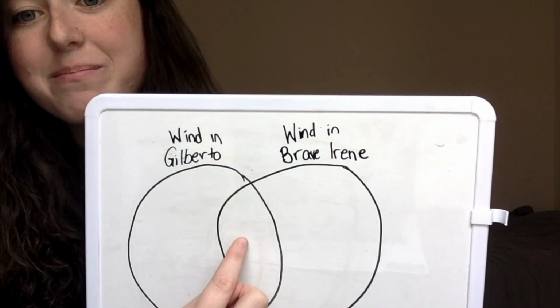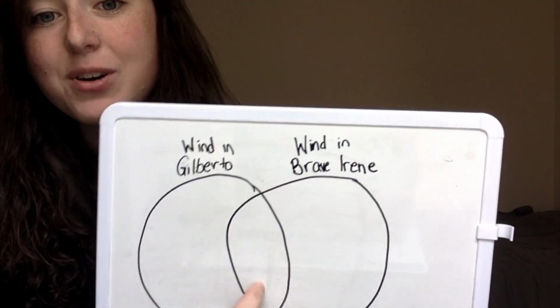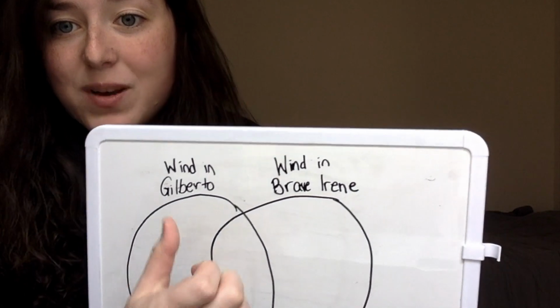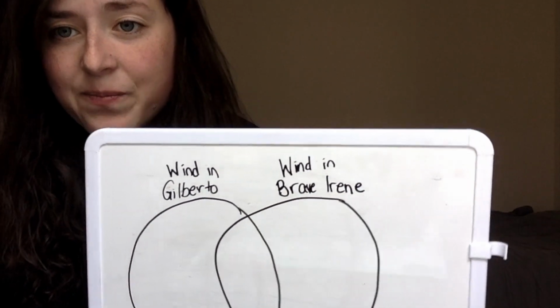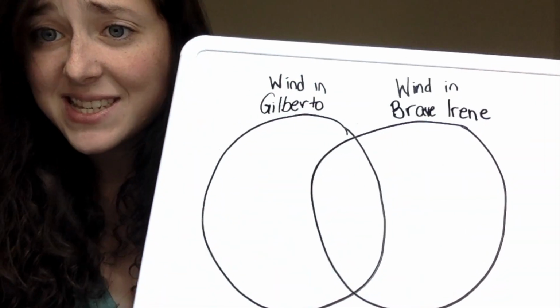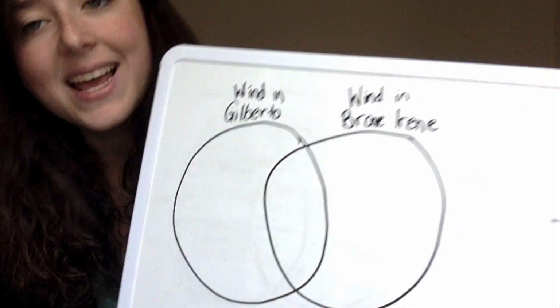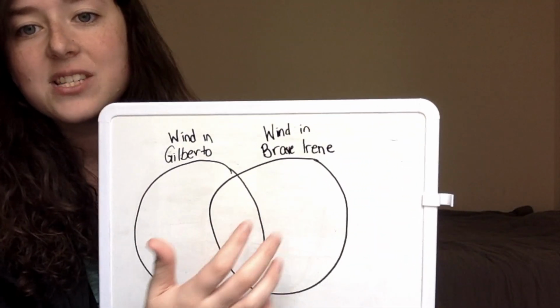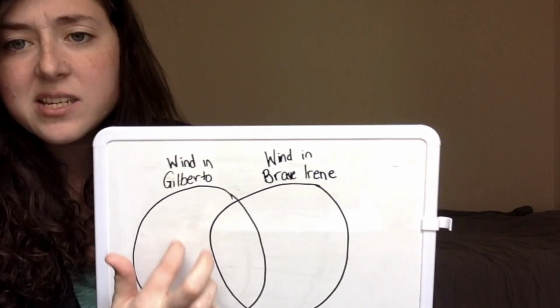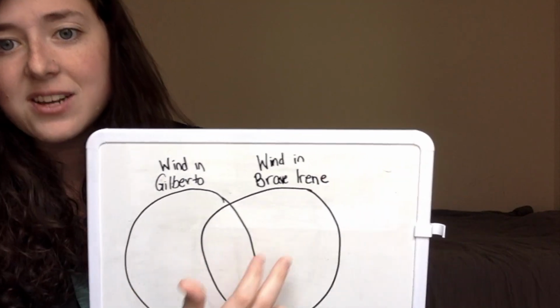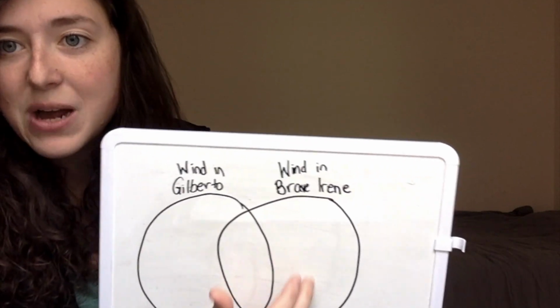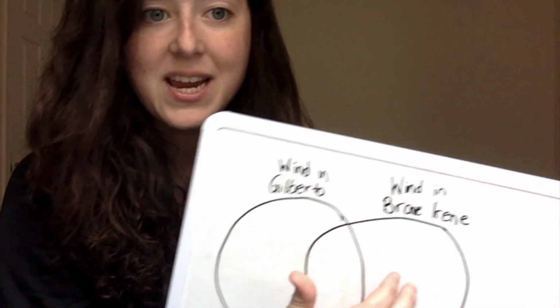That's right, it goes right in the middle of my Venn diagram. This is where I'm going to put the things that are the same between the wind in Gilberto and the wind in Brave Irene. And where do I put the stuff that's different? That's right, that stuff's going to go on the sides. So on this side, I'm going to put the stuff that's just about the wind in Gilberto and the Wind, and on this side, I'm going to put the stuff that's just about the wind in Brave Irene.